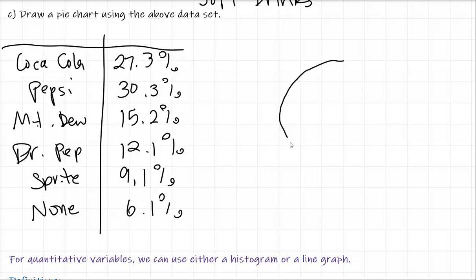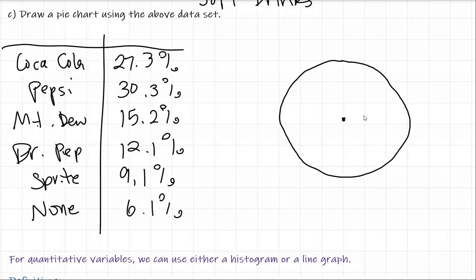So we'll draw a little circle here. And if I'm correct, it'll auto-correct my circle. It didn't, but it's okay. It's a pretty decent circle. And then you're just going to pretty much try your best here. It's not going to be as exact, but we're just kind of shooting for a decent picture. So let's start with the biggest one, Pepsi, at 30%. If we know this is a quarter, here's our center.